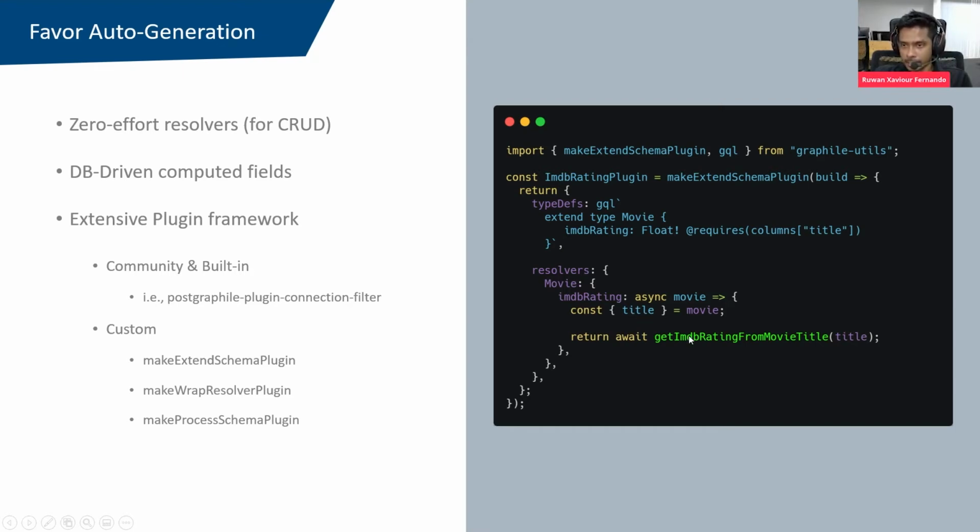And using the title, I can call some function, get IMDb rating from movie title. This can be another REST API, it can be another GraphQL API, whatever, right? So just abstracting that part out. Yeah, so this is how you can easily extend your schema.